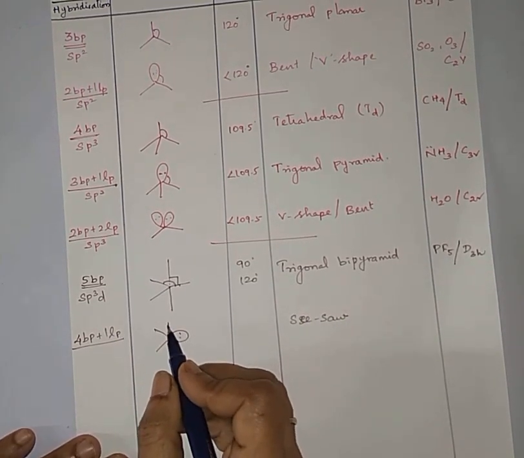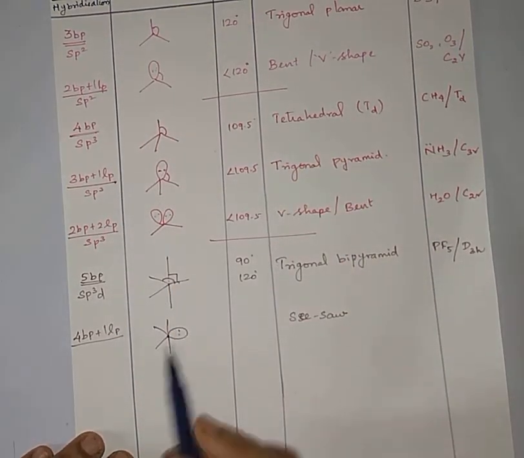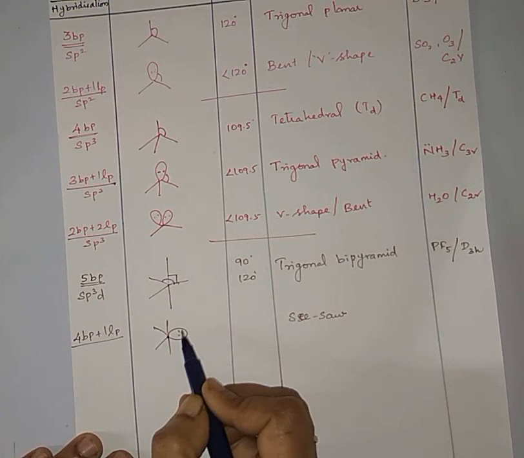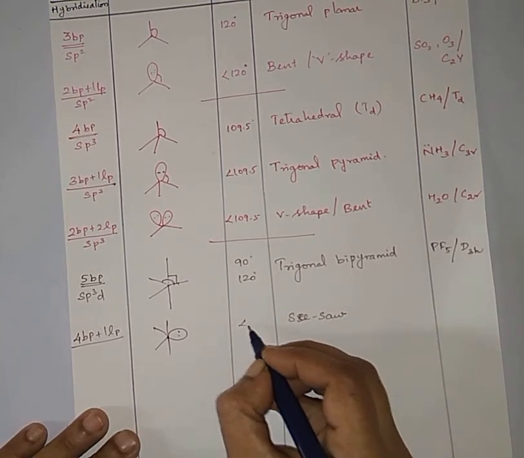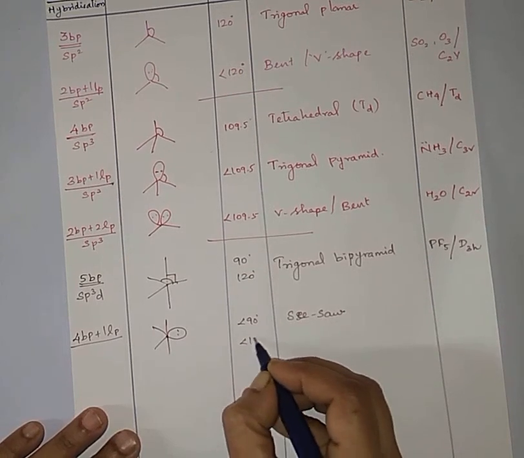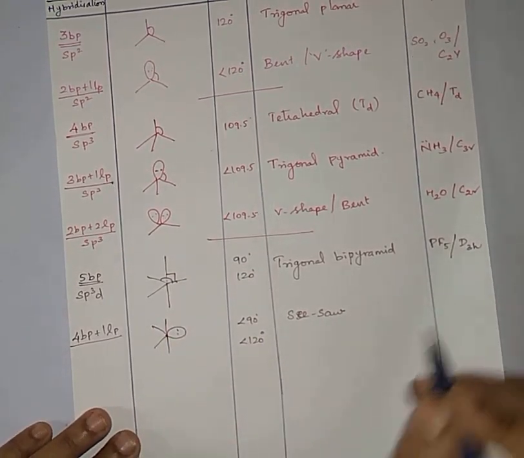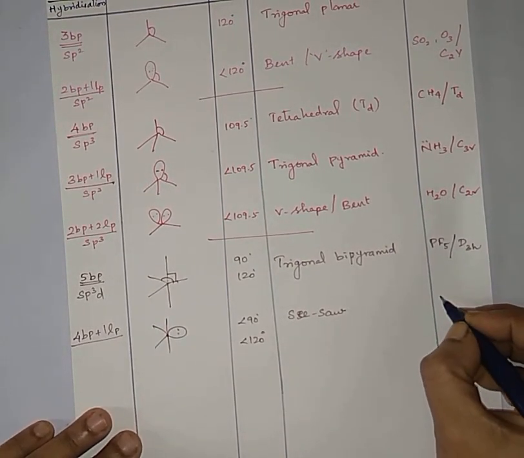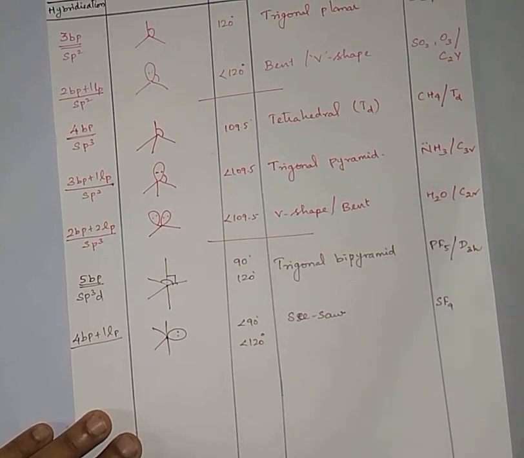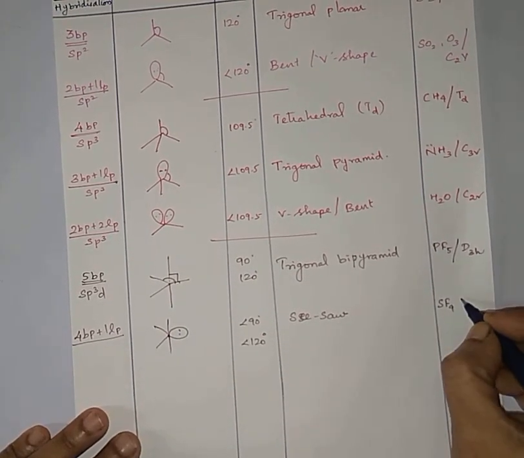What is that angle now? Here the lone pair is there. As I said in the earlier case also, a repulsion is there between the lone pair and the bond pair. So it is less than 90 and less than 120. Example for this is SF4. 4 bond pairs will be there, and one lone pair on sulfur.